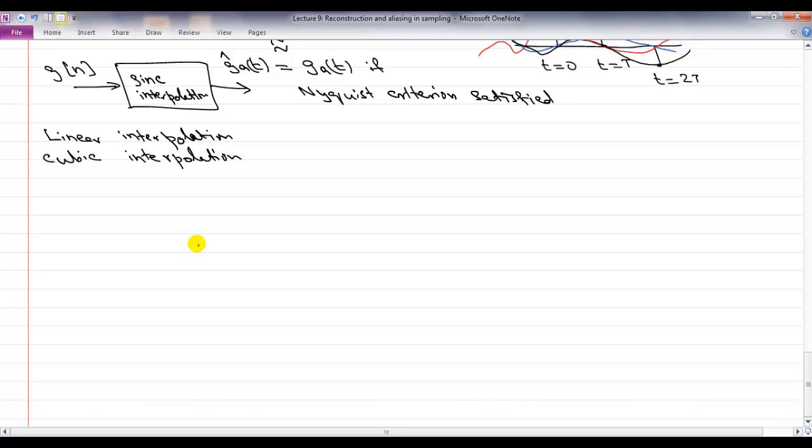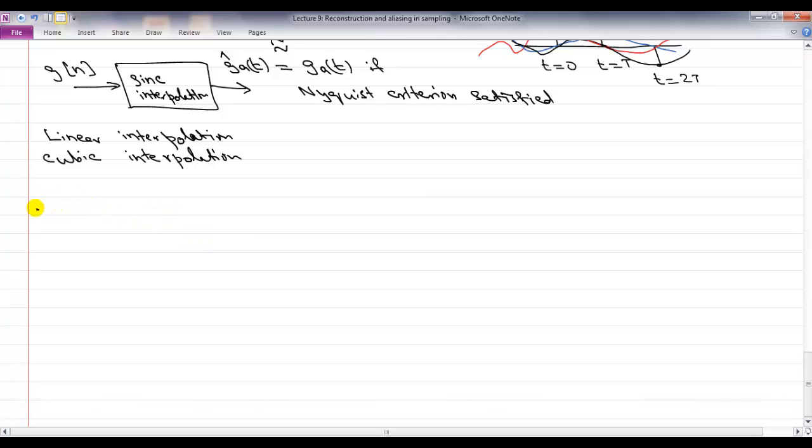Okay, so in the last class we had talked about 4 different questions that we wanted to address. We have now addressed the question of how do you do reconstruction. So now we can talk about how do you sample and how do you do reconstruction under the condition that Nyquist criterion is satisfied.